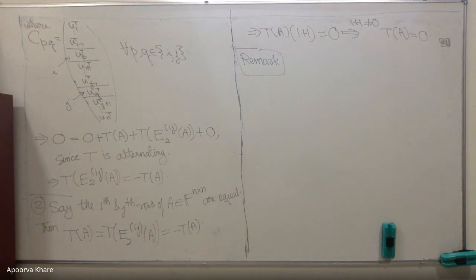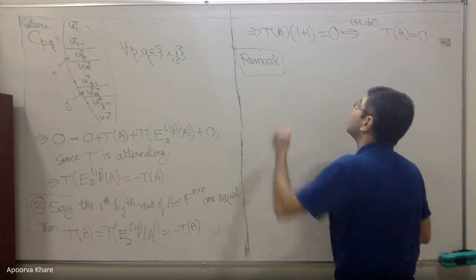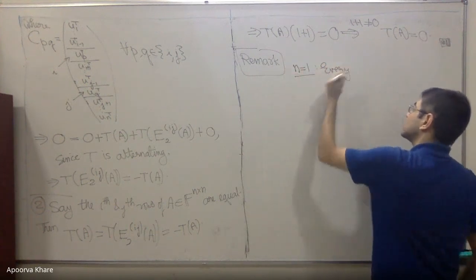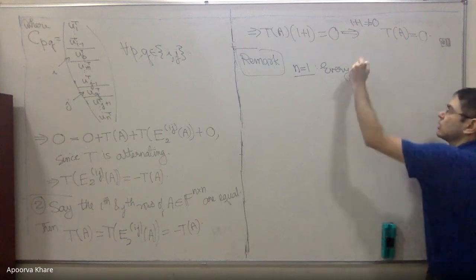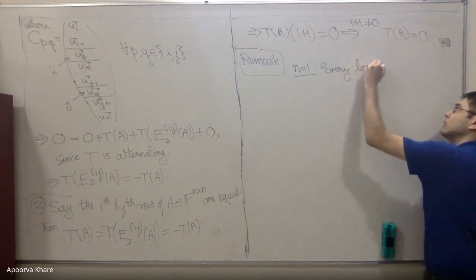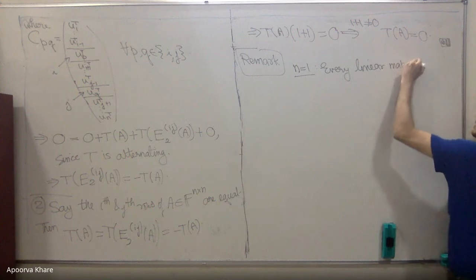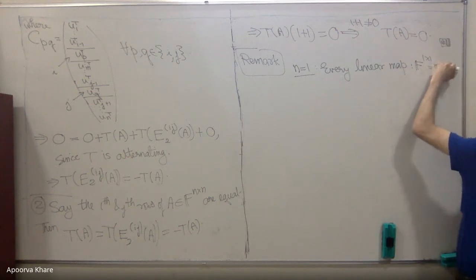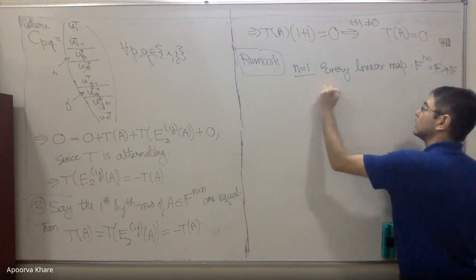One second, I'll write that down here. Multilinear just becomes linear because there is only one term. So F to the 1 cross 1 is just F, is alternating.